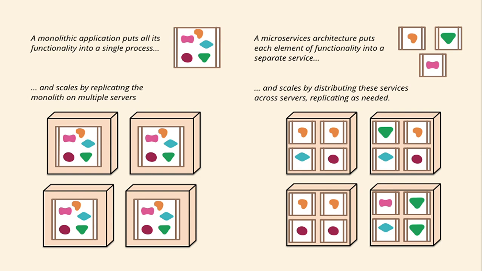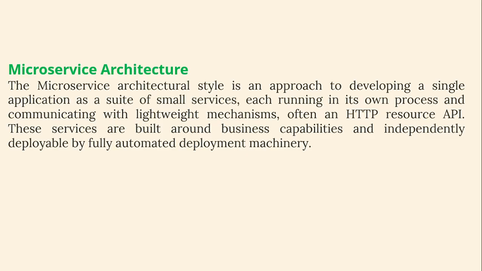So it scales by replicating the monolithic on multiple servers. Now in case of microservices, you can see each component is decomposed into several independent units. A microservice architecture puts each element of functionality into separate services and is scaled by distributing these services across servers, replicating as needed. Here each components can be independently scaled up or scaled down.